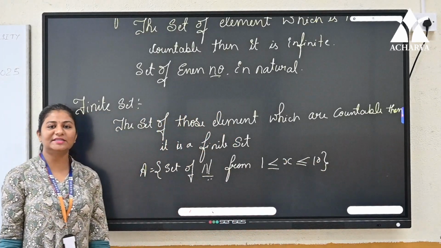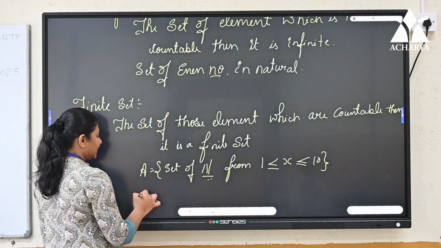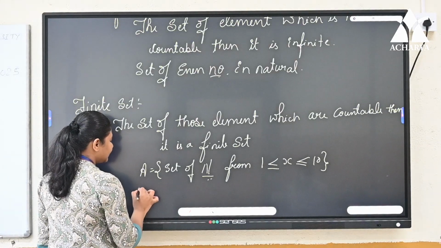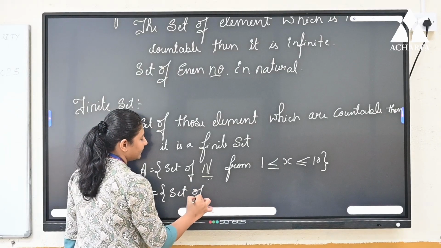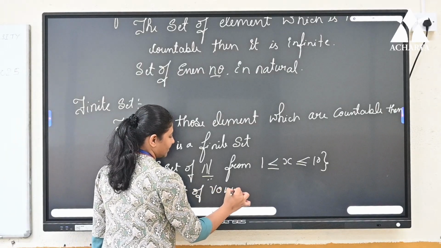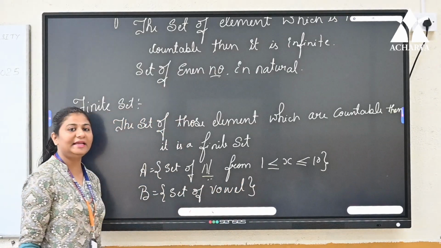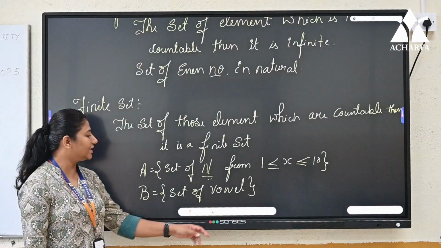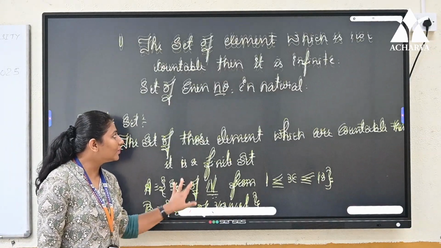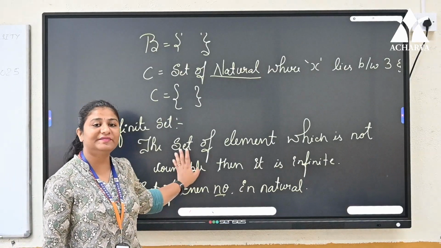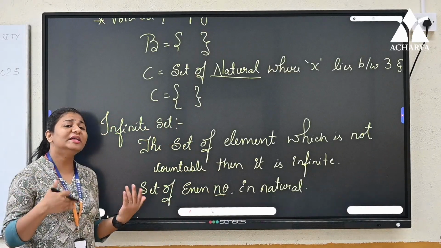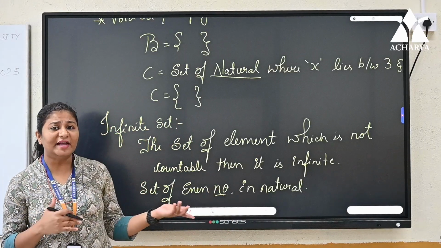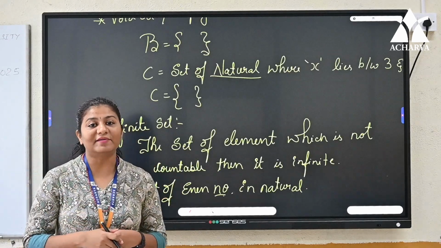Yes, 1 to 10 it is countable. Next, let us take another set. B is the set of vowels. Yes, it is also countable: A, E, I, O, U. So like this, for any given set, based on what is countable and what is not countable, we can define what is a finite set and what is an infinite set.